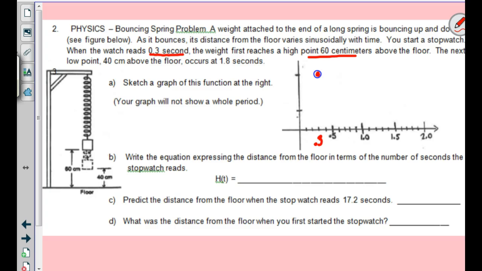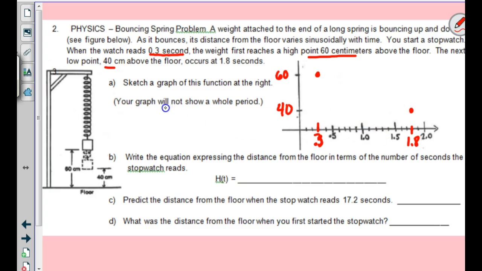I'm thinking that's the max, don't you think? And then the low point is 40, and that occurs at 1.8, which would be all the way out here. Okay, if we went from a max to a min, is that a period?